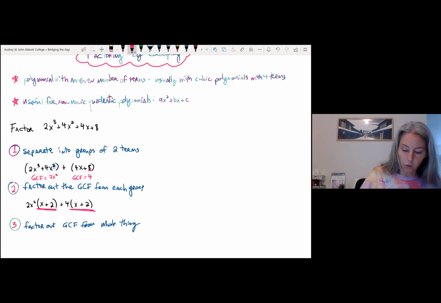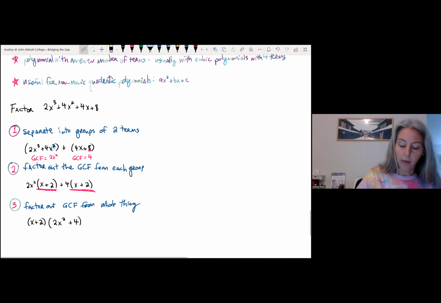So I'm going to factor it out to the front to get (x plus 2) times what's left over in the first term, 2x squared, and what's left over in the second term, 4. And this is my final answer.